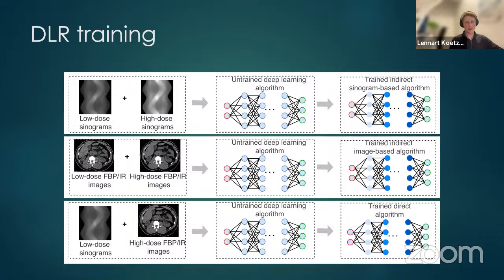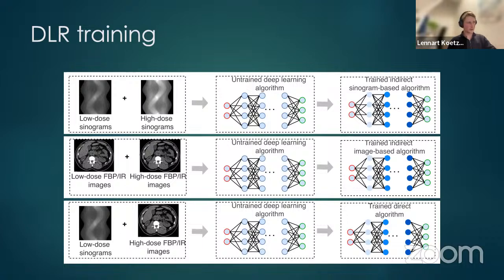Some vendors simulate low dose data from high dose data by some kind of downsampling, while others perform two scans, one acquisition at low dose and one acquisition at high dose.